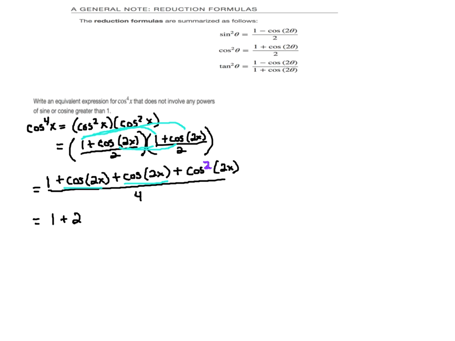So this is equivalent to 1 plus 2 cosine of 2x plus cosine squared 2x divided by 4. Now I need to focus on this cosine squared of 2x.